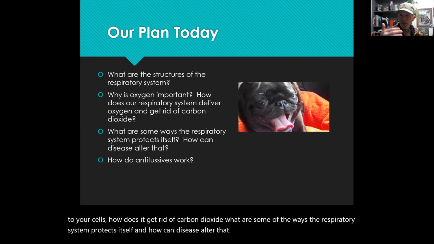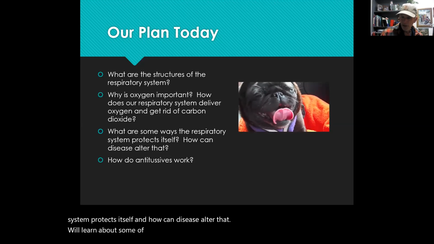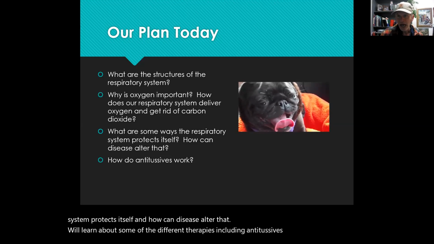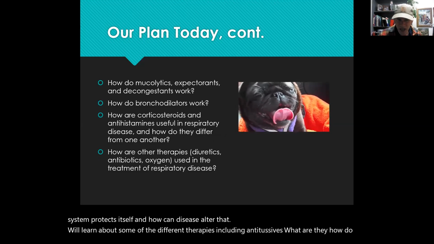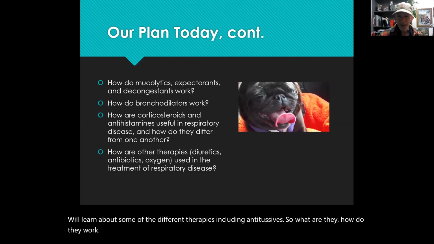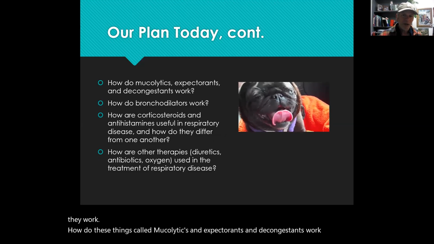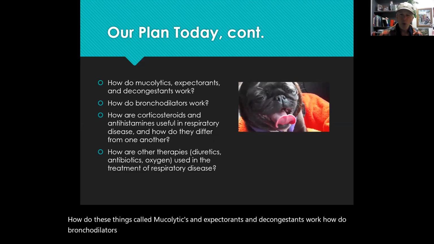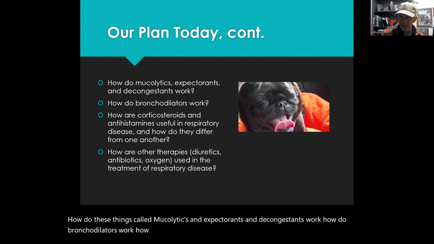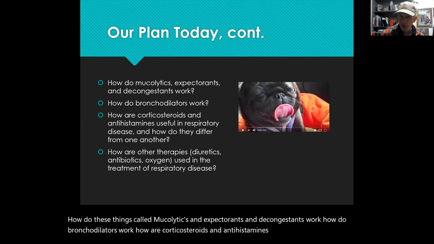We'll learn about some of the different therapies, including antitussives. So, what are they? How do they work? How do these things called mucolytics and expectorants and decongestants work? How do bronchodilators work? How are corticosteroids and antihistamines useful in respiratory disease?